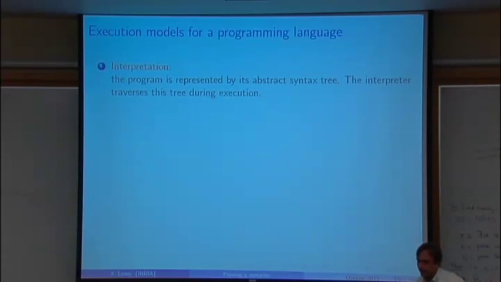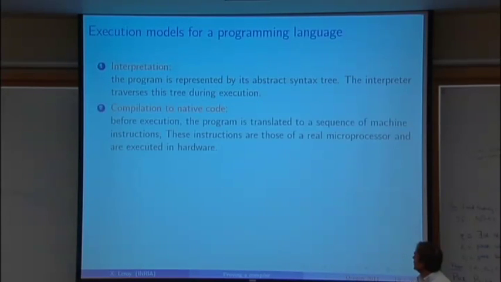So that's easy. That's a bit slow sometimes. So at the other end of the spectrum, you have compilation to native code. So before execution, the program is translated to a sequence of machine instructions. Okay, and those instructions are those of a real microprocessor and can be executed in hardware at very high speed.